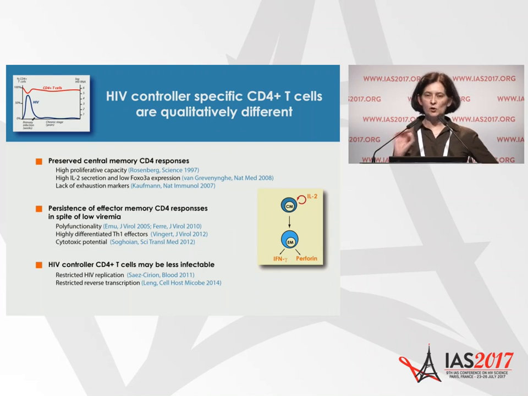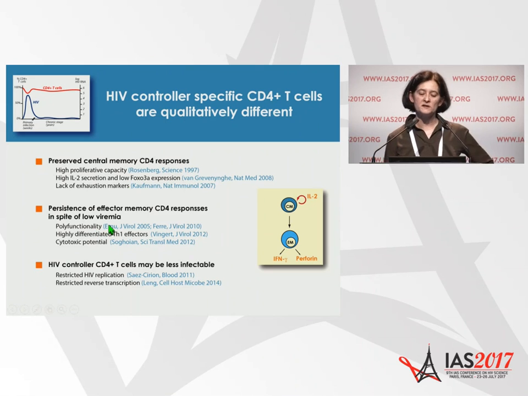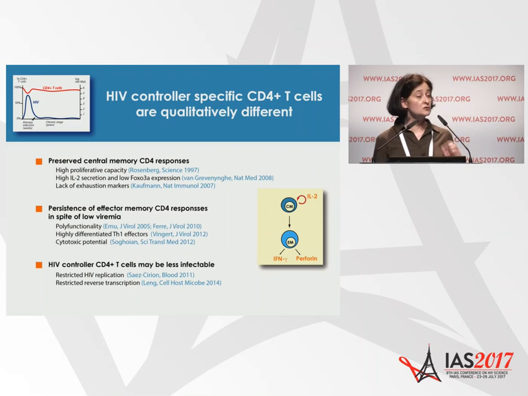So what is more unique to the controller group is the persistence of effector memory CD4 responses in spite of the very low antigen amounts that are present to induce these effector responses.